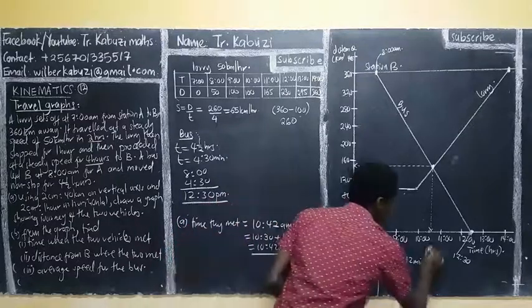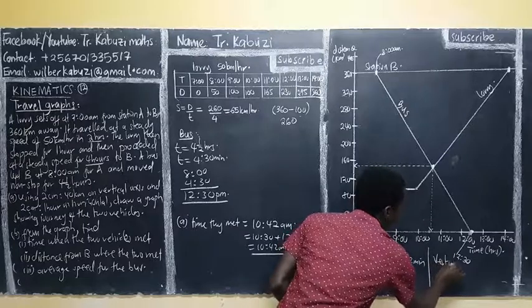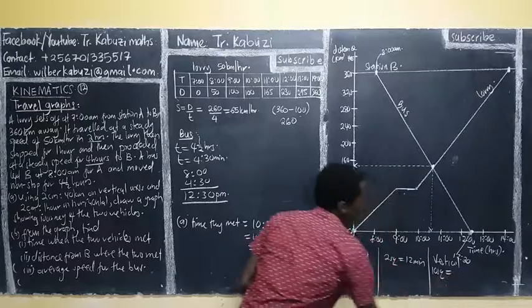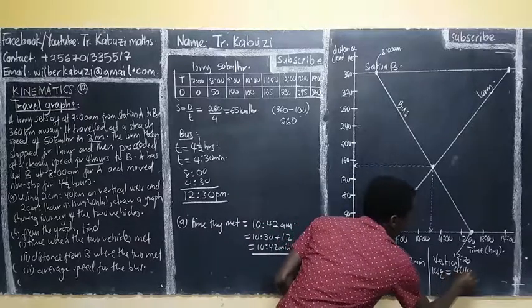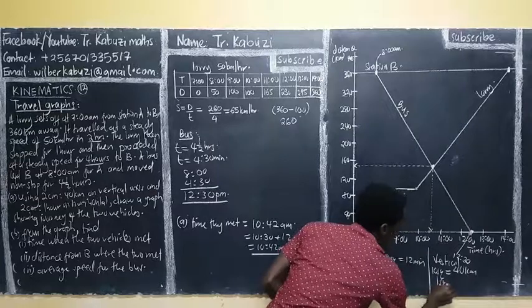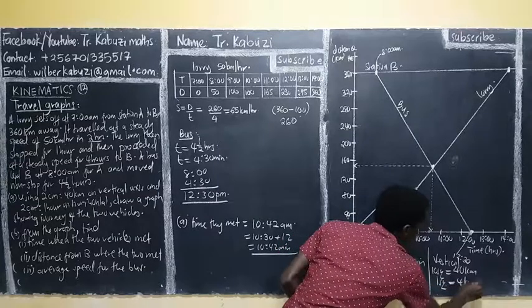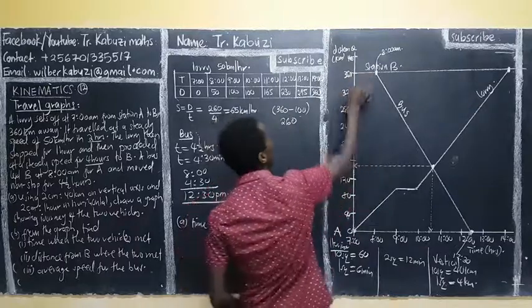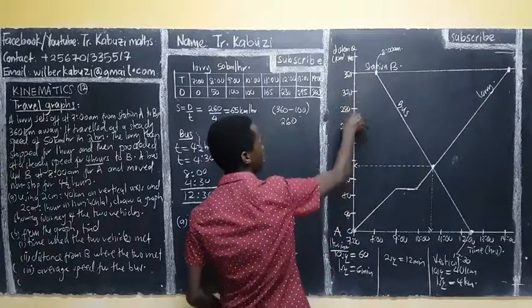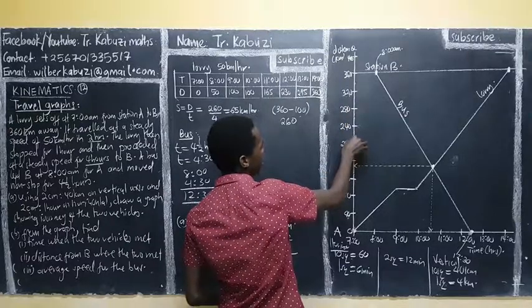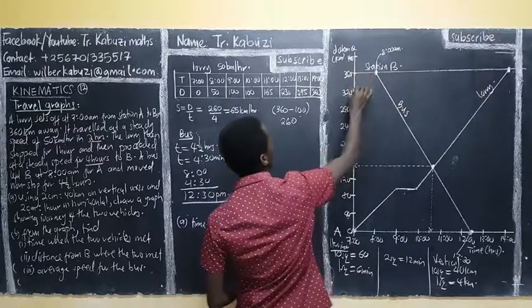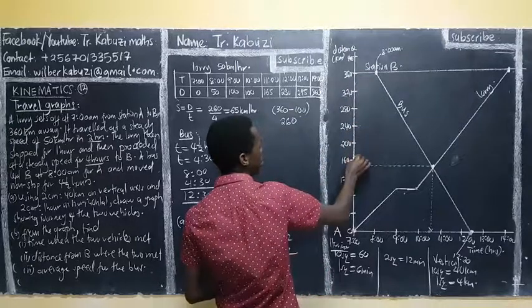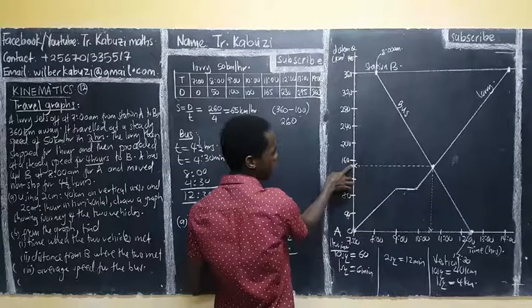Then what about for the vertical? For the vertical, every 10 small squares we are representing 40 kilometers, meaning that one small square is representing 4 kilometers. So if this is 200 from B, they said from B. So this is 40, 80, 120, 160, 200, then plus these 4 small squares.